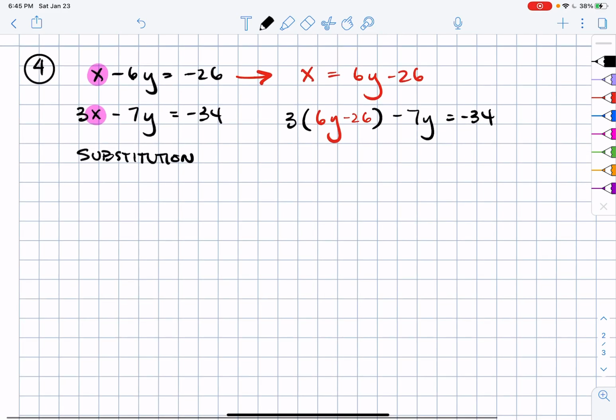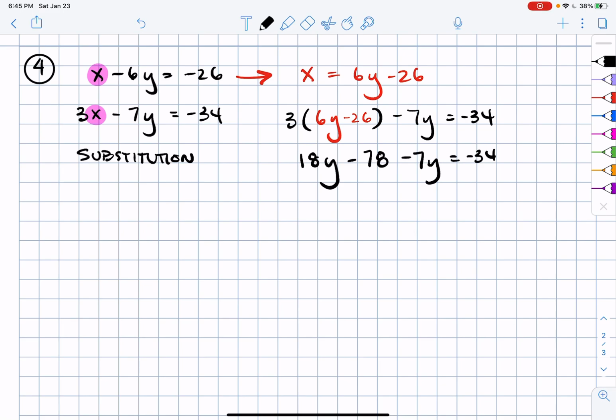All right. So now I've got to distribute this 3. So I have 18y minus 26 times 3 gives me 78, minus 7y is equal to negative 34. All right. So what do I have?